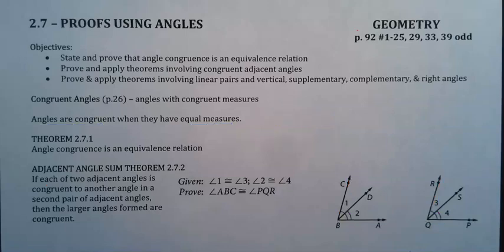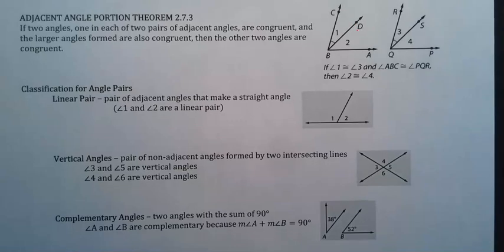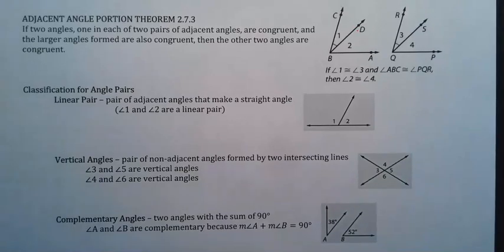Next up, we have the adjacent angle portion theorem. This one says if two angles, one in each of two pairs of adjacent angles, are congruent, and the larger angles formed are also congruent, then the other two angles are congruent. So this one's kind of the flip of that.